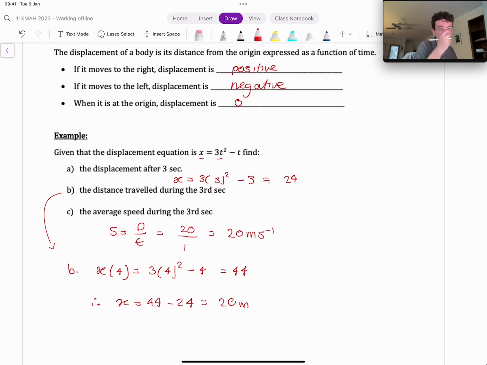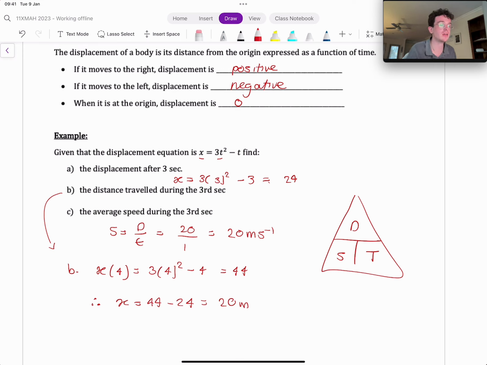Now we've got to start to get ourselves back into a physics mindset. If you haven't done physics before, that's okay. There's a couple of things that we're going to learn that if you do physics, you'll understand, but we're going to learn it as well. The main thing with this is we're going to look at our little displacement triangle: displacement, speed, time.